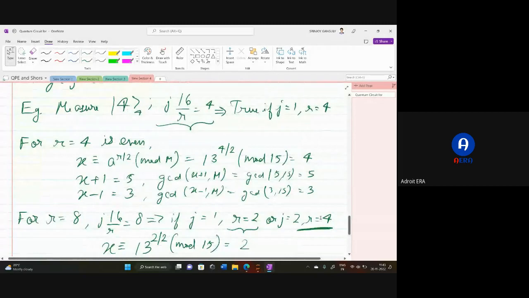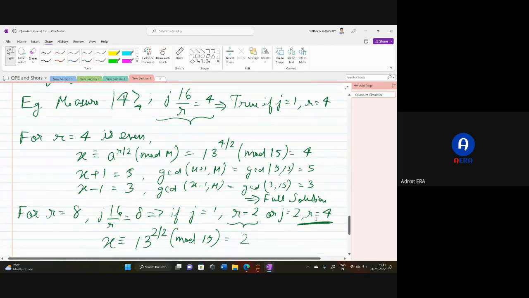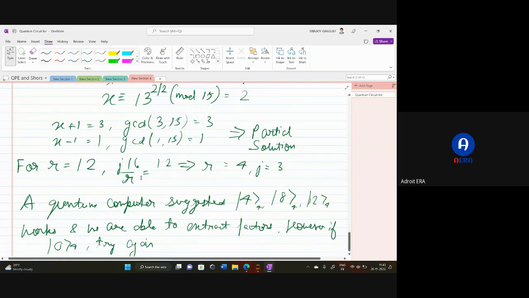And r is equal to 4 gives us the full solution, right? Because we know that j16 by r is equal to 4, and that is true only when r is equal to 4. Similarly, for j16 by r is equal to 12, we know that r is equal to 4, and we have already calculated that.